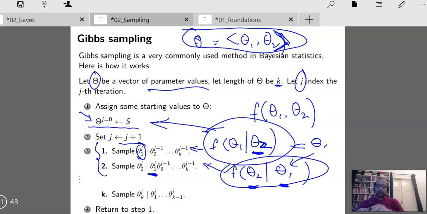So that's what Gibbs sampling does. You repeatedly keep sampling from the conditional distributions for each of the two parameters, and eventually you end up with the posterior distribution.